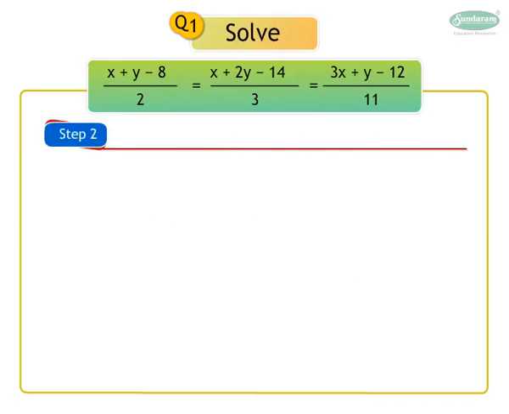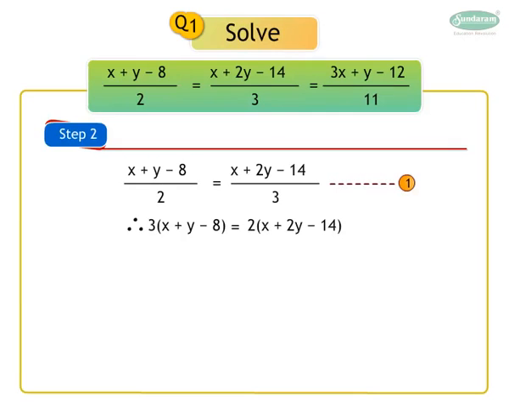Step 2. We now simplify equation 1 by multiplying by the LCM, which is 6. So, 3 into (x plus y minus 8) is equal to 2 into (x plus 2y minus 14).